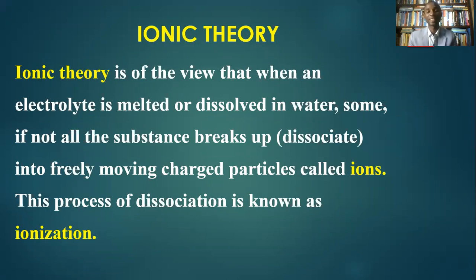That is why it says some, if not all, of the substance breaks up. That is what Ionic Theory is saying: when an electrolyte is melted or dissolved in water, some, if not all, of the substance dissociates into freely moving charged particles called ions.